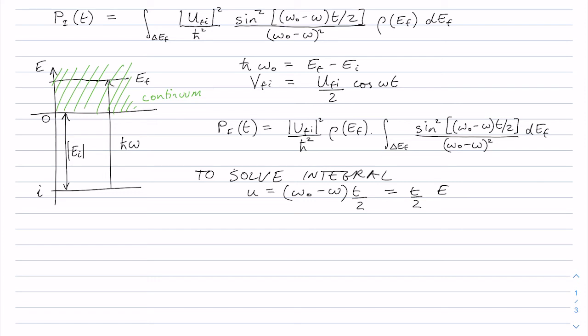So that's (E_F minus E_I) over h bar minus omega, like this. And so we can say du is equal to t over 2 h bar times dE_F.